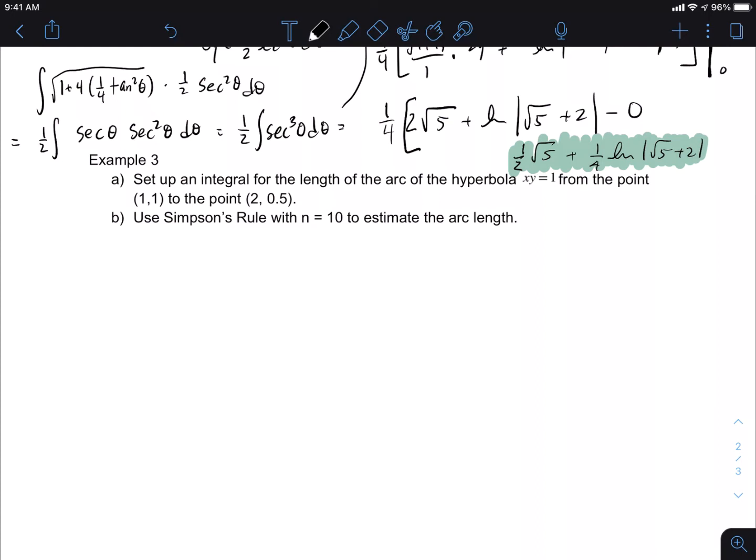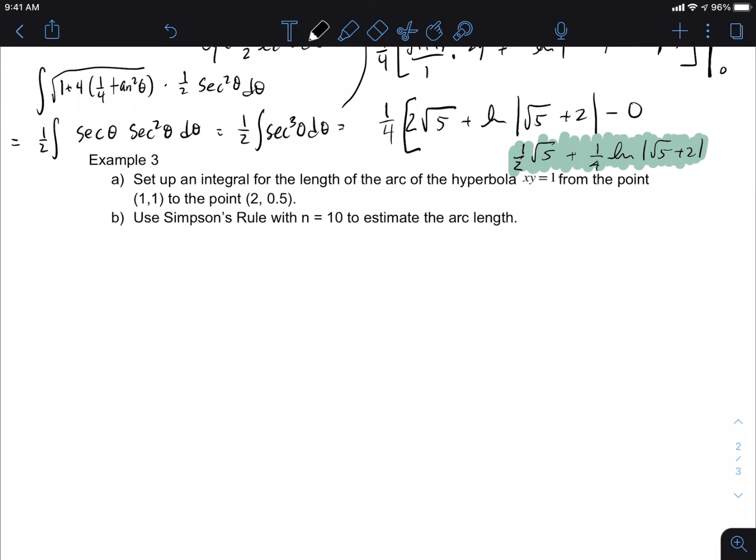What do you think? I think dx. Yeah, it actually ends up being the same thing because whenever you solve for either one of the variables, you're going to end up with 1 over x or 1 over y. So either one is going to be the same thing.